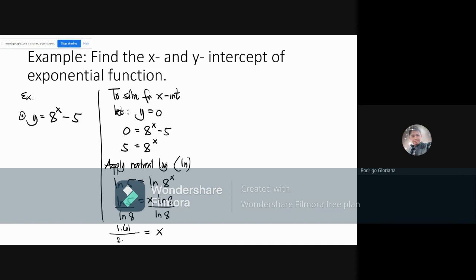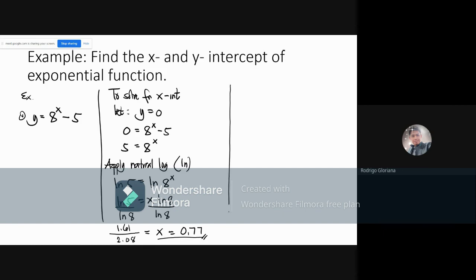So we divide 1.61 by 2.08, and we have 0.77. So, this is now your x-intercept, 0.77.